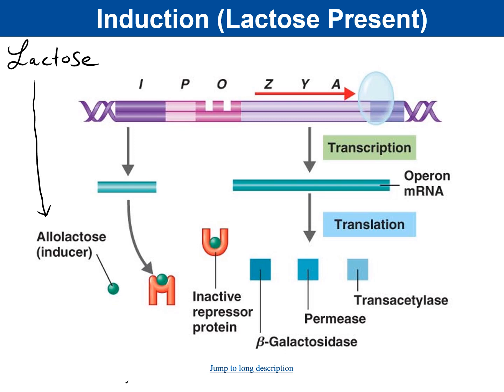Allolactose is known as the inducer, and this little molecule that results from lactose diffusing into the cell will then bind to the repressor protein.